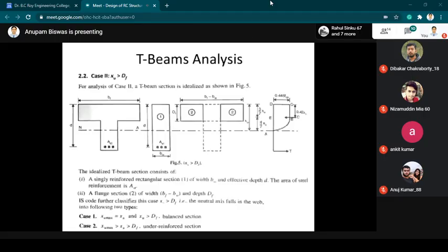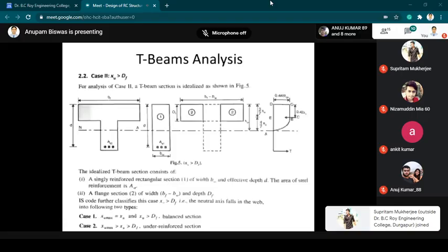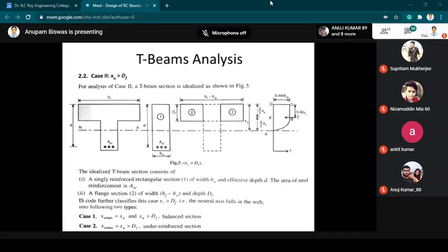For a balanced section, XU max is equal to XU. For an under-reinforced section, the value of XU is less than XU max.